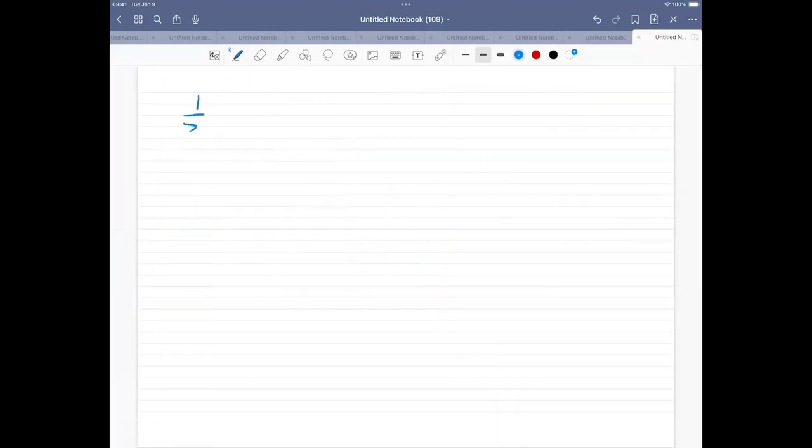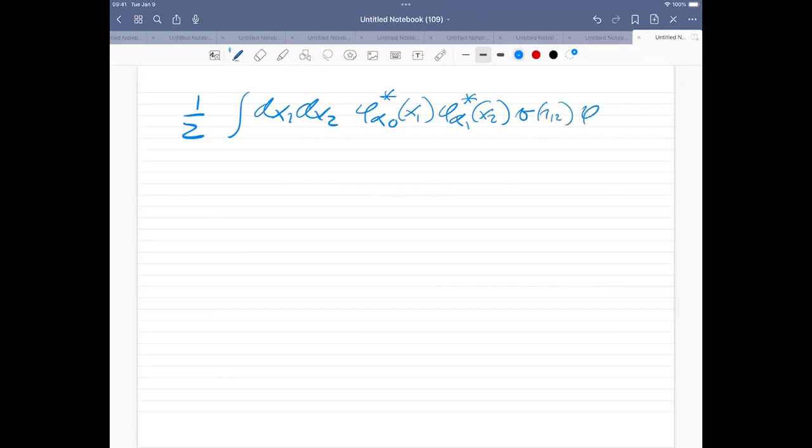So we're going to get 1/2, and then we have the first integral dx1, dx2, and we have phi alpha 0 of x1, phi alpha 1 of x2, v of r12 multiplied with phi alpha 0 of x1, phi alpha 1 of x2. That's the first term.